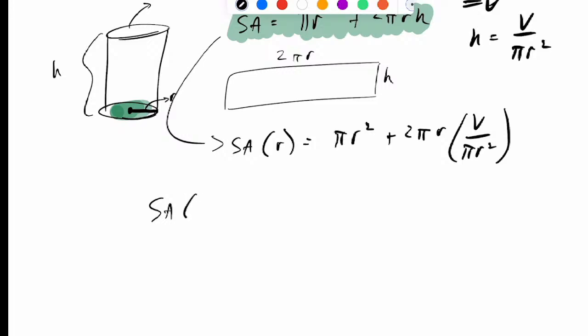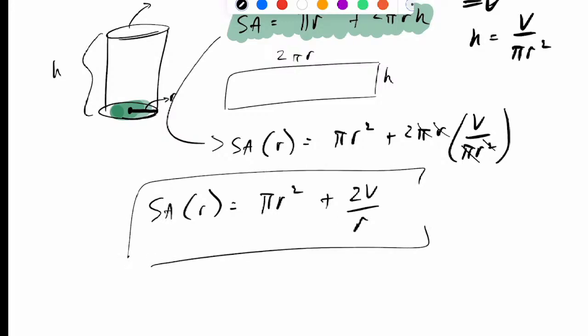So now you have your surface area expressed as pi r squared plus 2v over r, since the pi's and an r cancel. So that becomes my surface area function.